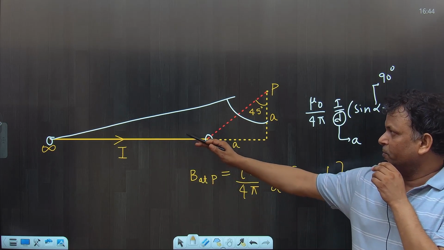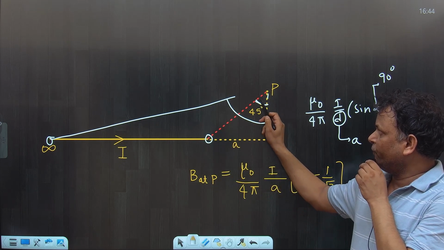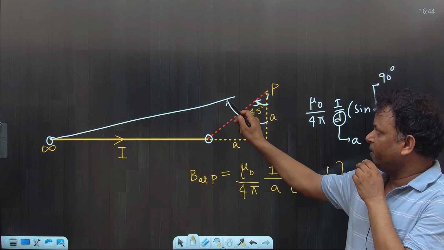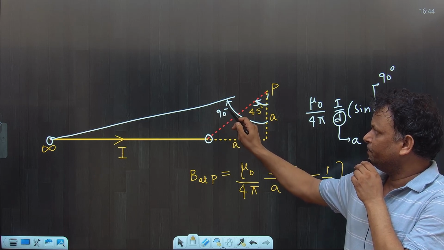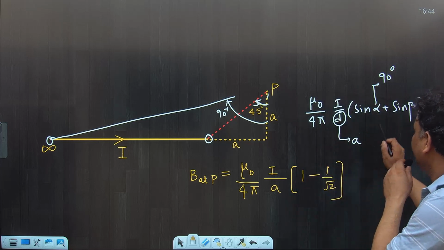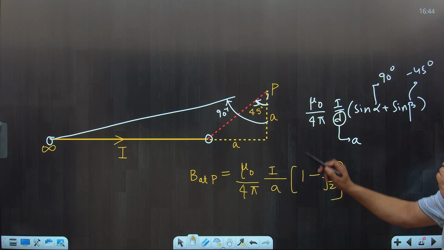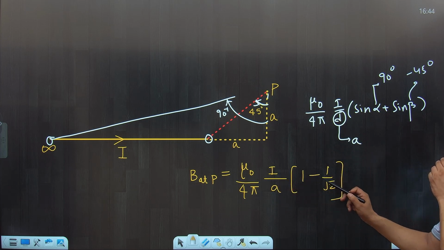So this 45 degrees will be negative. This 90 degrees is positive and this 45 is negative. So you will write beta as minus 45. So the magnetic field at point P is mu naught by 4 pi, I by A, into 1 minus 1 by root 2.